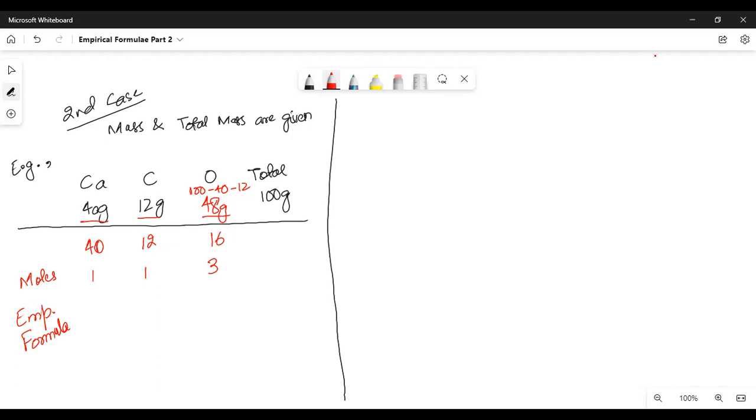So we have one calcium, one carbon, and three oxygen. So the formula would turn out to be calcium, carbon, oxygen 3. That is CaCO3. Easy enough?